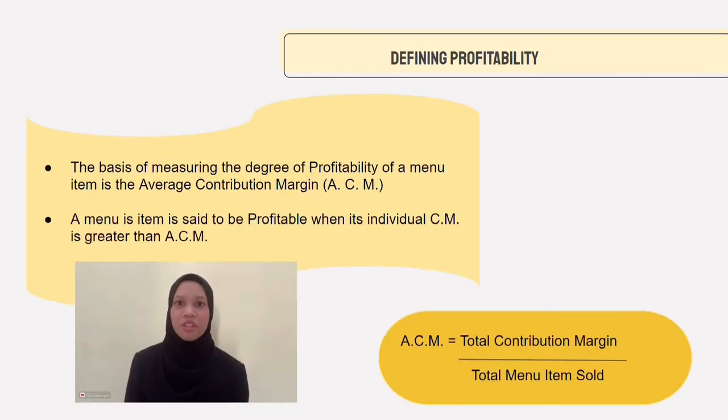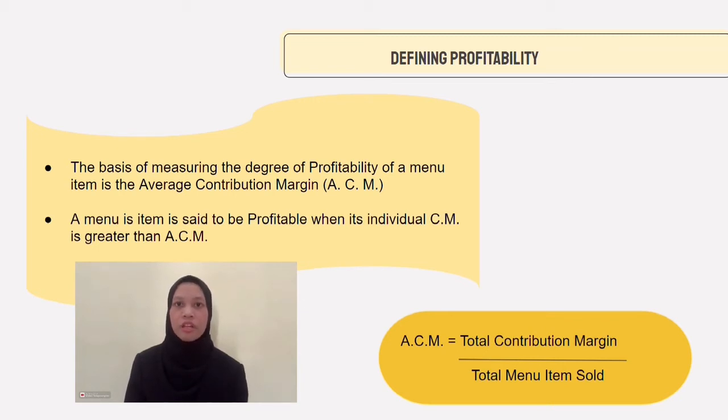Steps to achieve menu profitability: analysis of popularity and profitability of each menu item. Popularity: number of portions sold. Profitability: contribution or margin or cash gross profit. Continual reappraisal of the choice of menu items, which is very helpful to us as we are committed to menu changes annually in our outlets.